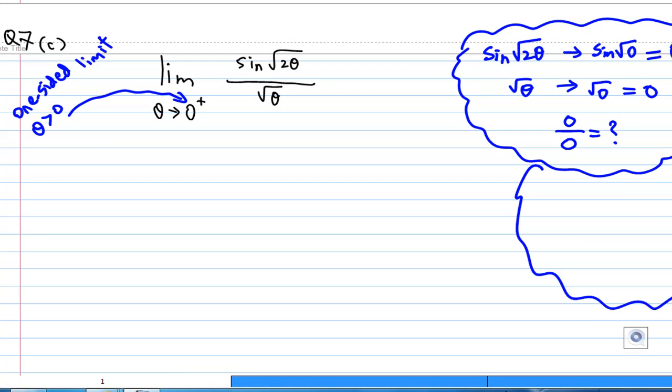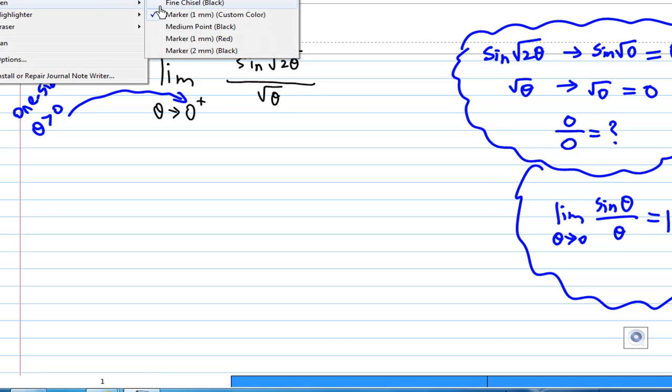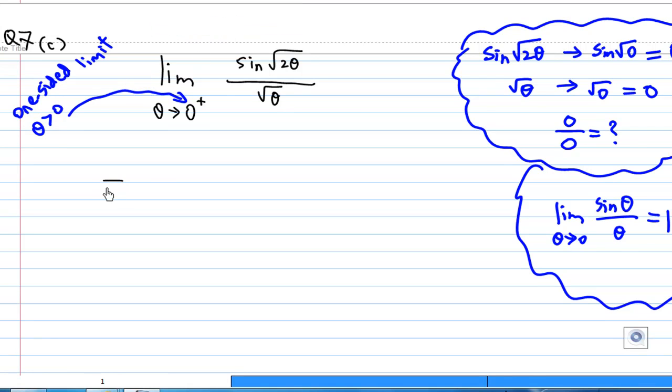We are going to use this result to help us do our calculation. So the result we have is that the limit as theta goes to 0 of sine theta over theta is 1, based on Howard Anton. So now let's do the calculation. I'm going to do some adjustment.